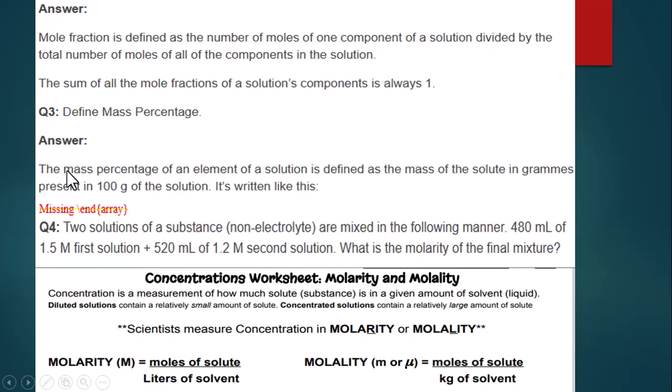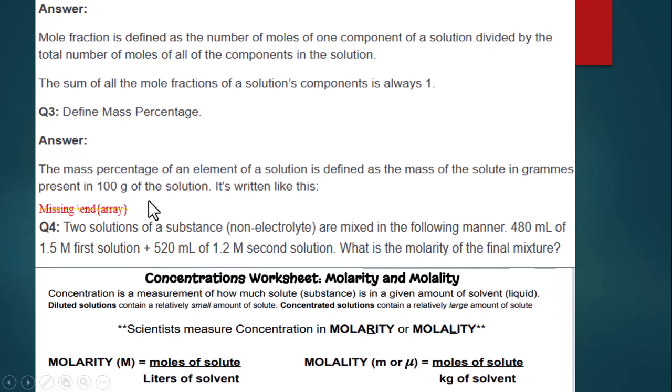Very important, we are saying now the mass percentage. What percentage of mass was dissolved inside of a solution, or what percentage of the solute was dissolved inside of a solvent in order to form a solution. Therefore, the mass percentage of an element of a solution, remember a mixture of the solute and a solvent, is defined as the mass of the solute in grams present in 100 gram of a solution.